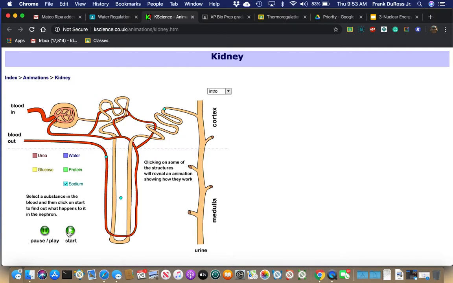Now you notice with the sodium that some stays in those tubules, some stays in the blood, and some stays in this tissue that makes up the kidney.